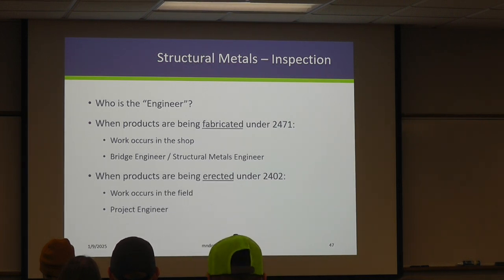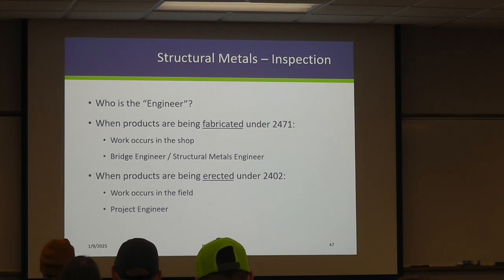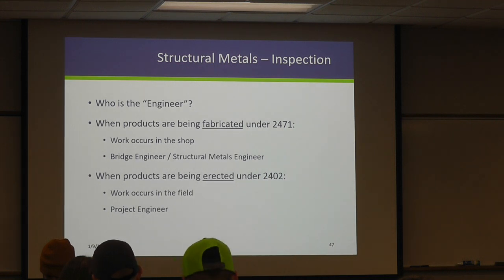Who is the engineer when you're in these different parts of the spec book? So 2471 covers the fabrication process of any steel element. When these products are being fabricated, in that chapter, the engineer is going to either be the engineer of record or your structural metals fabrication specialist, because we want that interaction to happen between those folks.